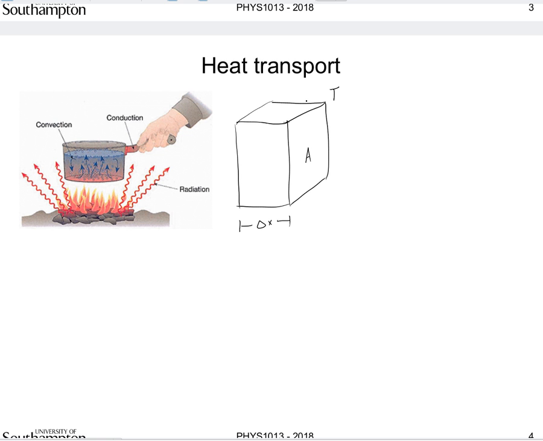Here the temperature is T, and here it's going to be T plus delta T. So already we're out of equilibrium, of course, because now we have a single material that has different temperatures at different places. But locally you can still assume that there's some kind of equilibrium. If you look at a small enough volume, then the temperature is well defined.